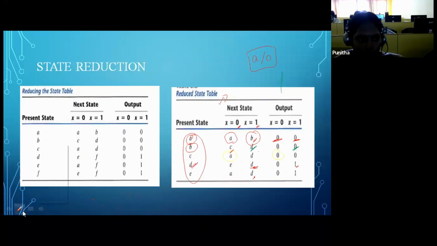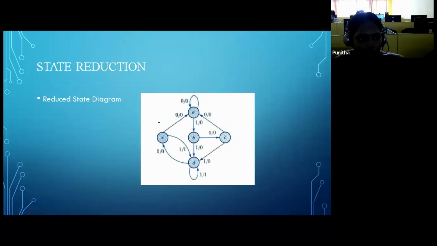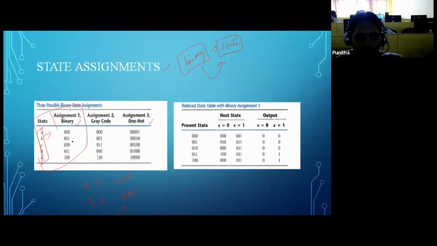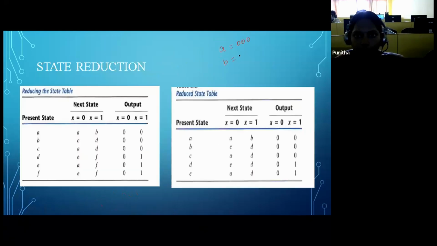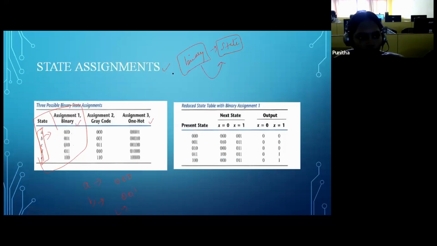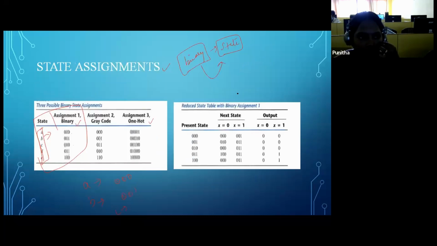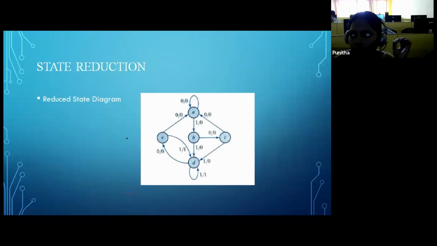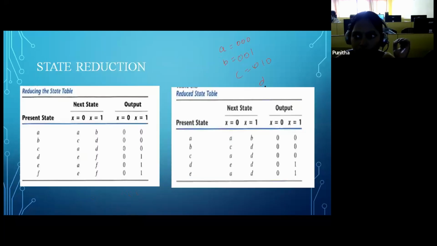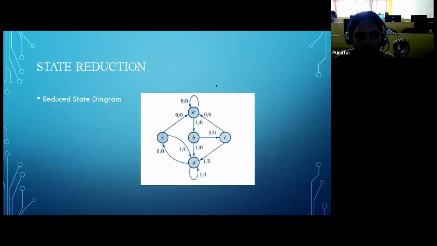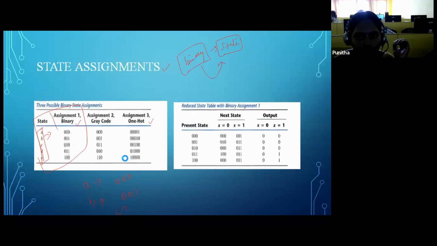We will look at this table. Suppose I have the assignment A equal to 000, B equal to 001, C equal to 010, D equal to 011, E equal to 100.